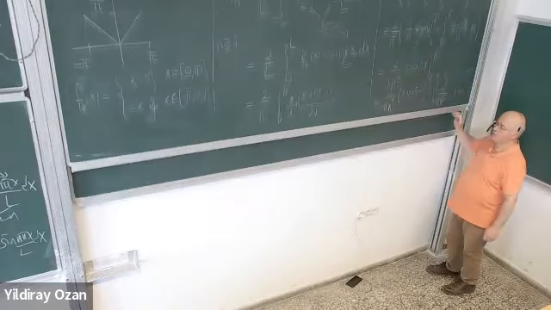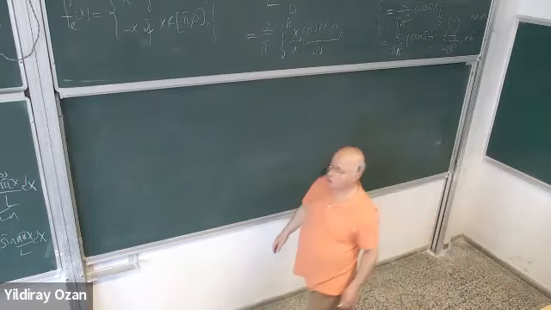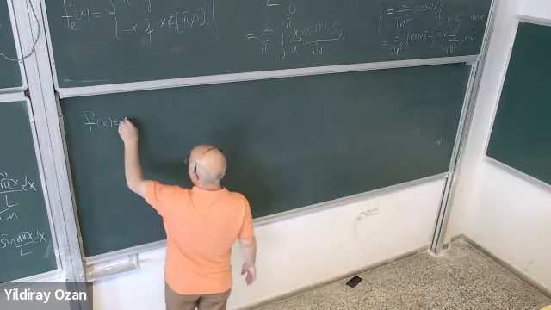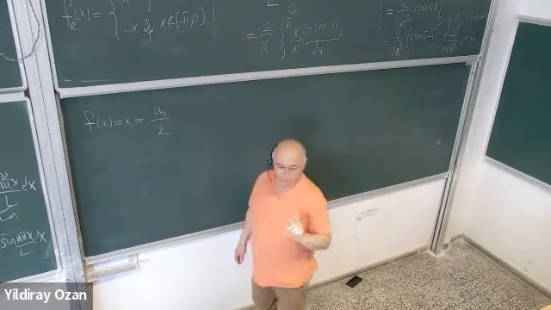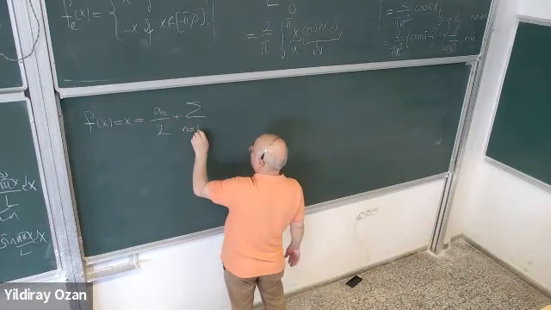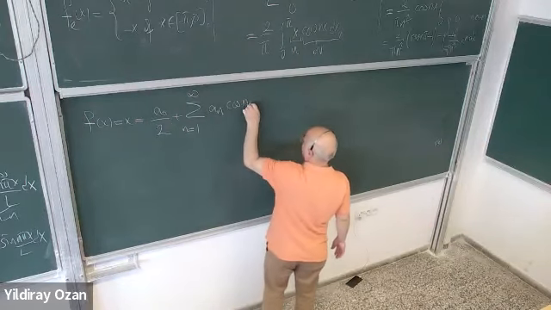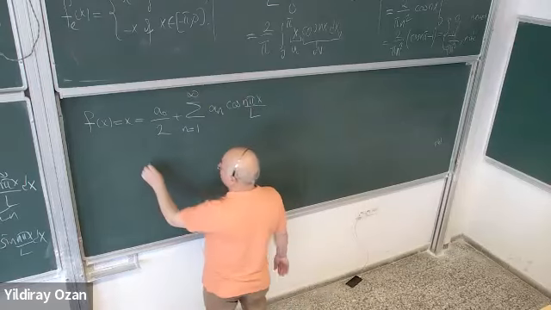So the cosine series of f of x, which is just x, is equal to, remember, a0 over 2 plus the sum from n equals 1 to infinity of an cosine n pi x over L. All right.